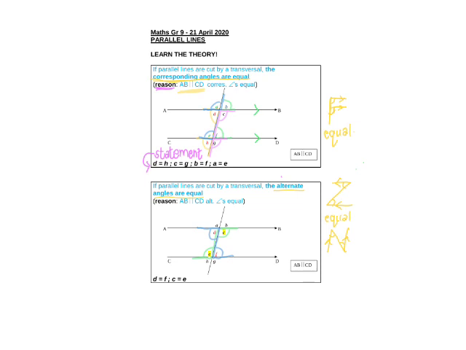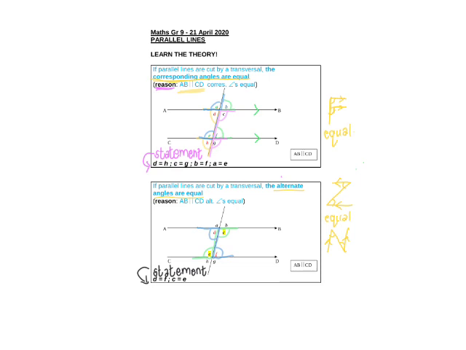So our statement over here would be D is equal to F, or C is equal to E. Possible statements for this diagram, depending on what information is given.